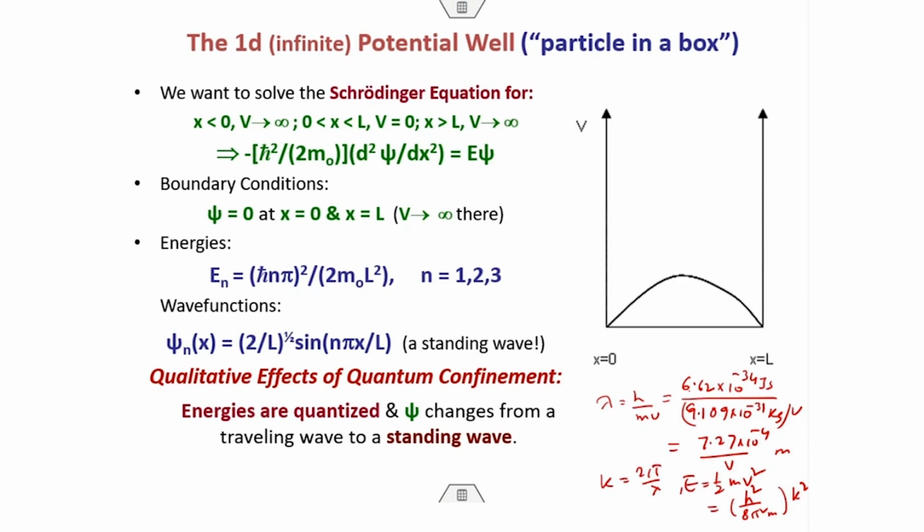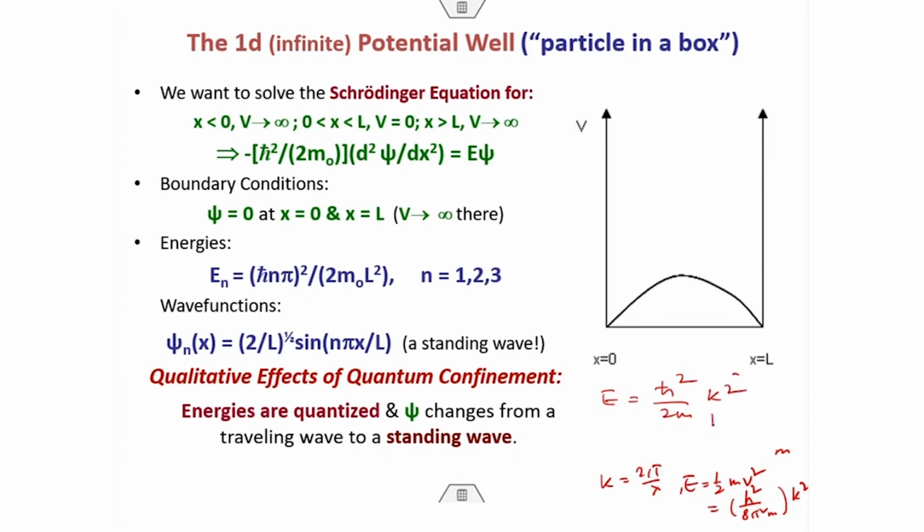By the way, in this it is h square k square by 8 pi square m, and many times we write these things as h cross. So, therefore, energy can be written in a very simple way: E is h cross square by 2m into k square.